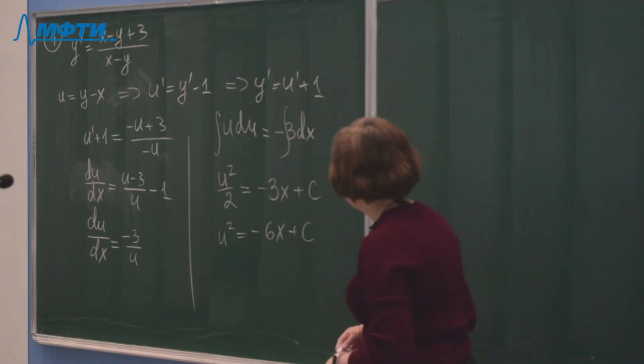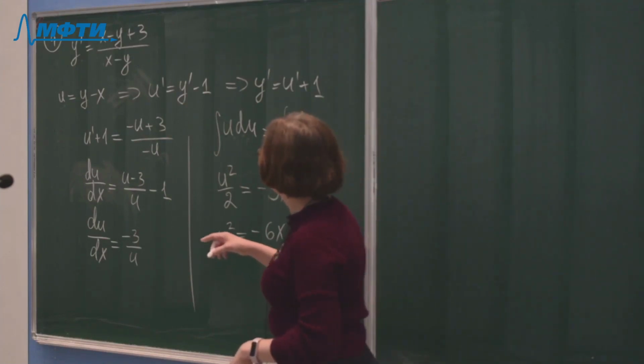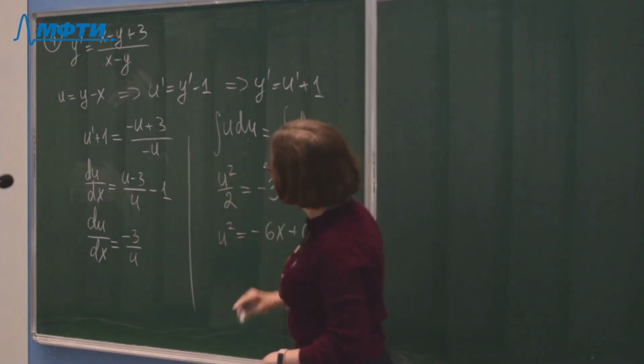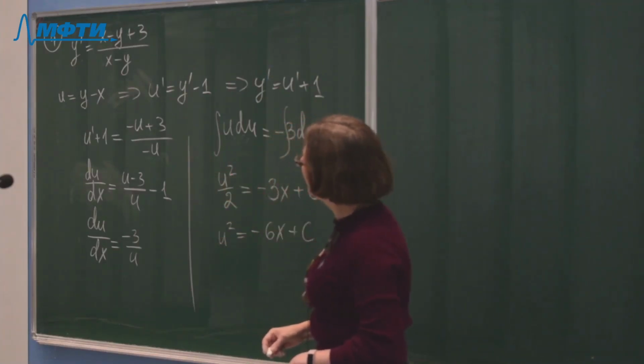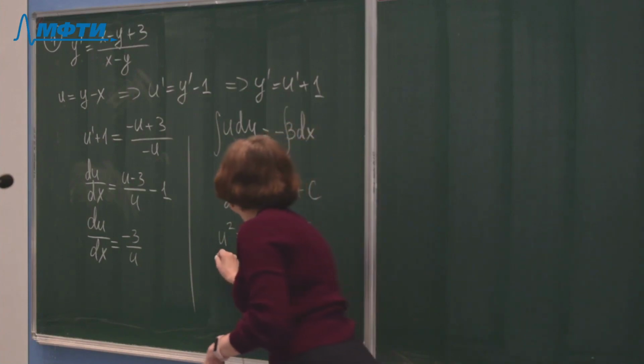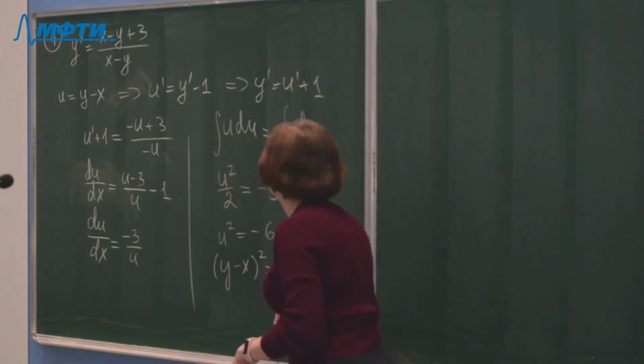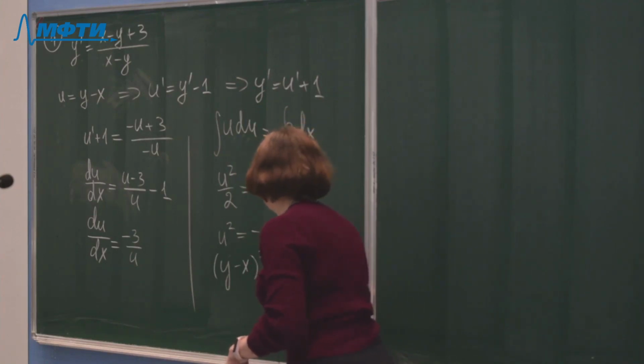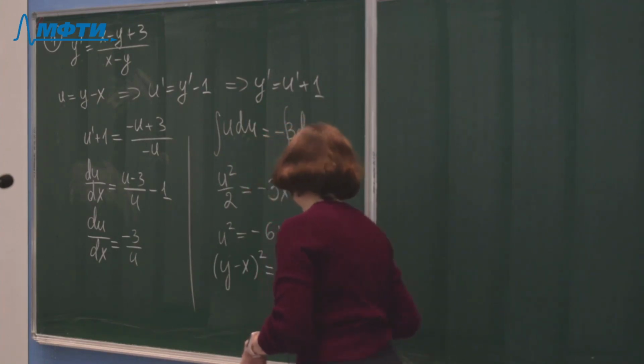Okay, then we will make back substitution. Let's substitute y minus x for u, and we will get (y minus x) squared equals minus 6x plus c.